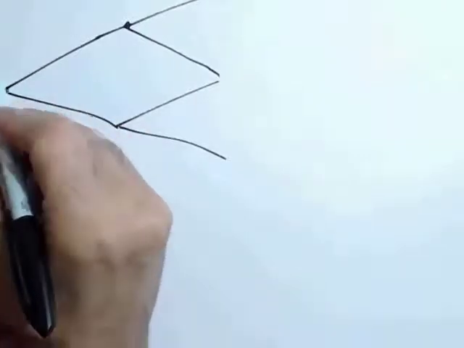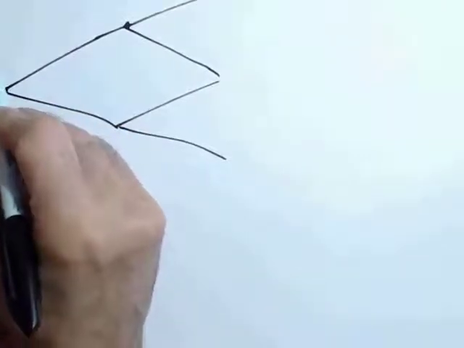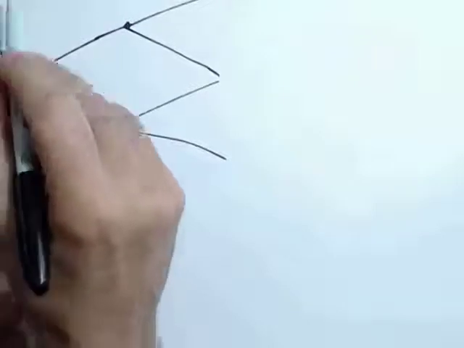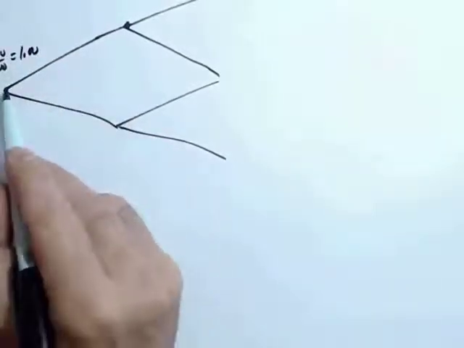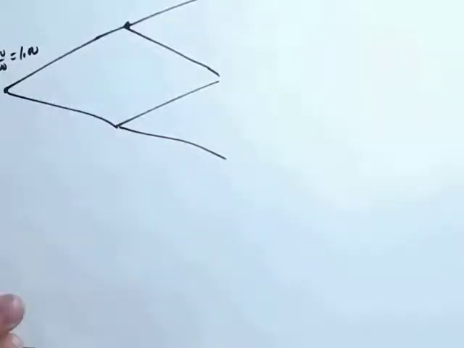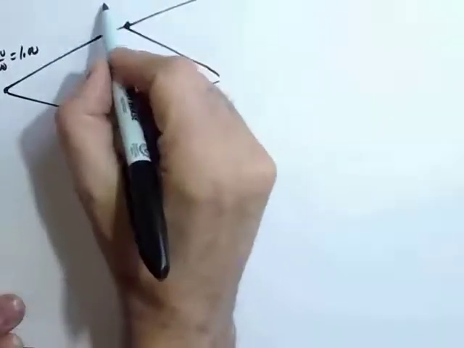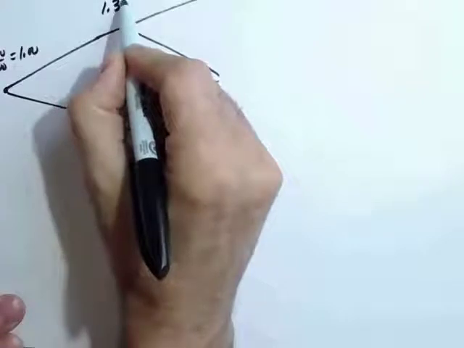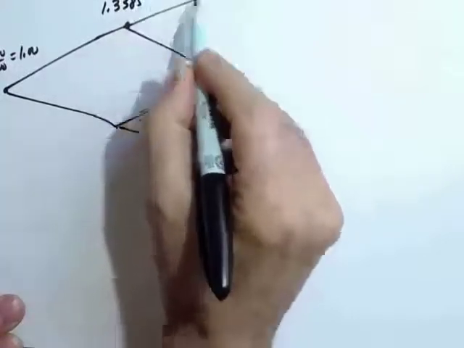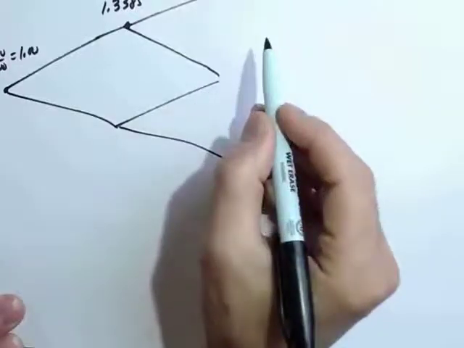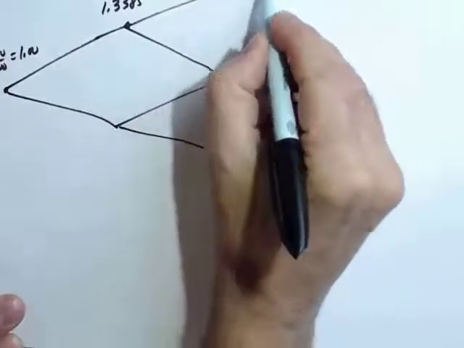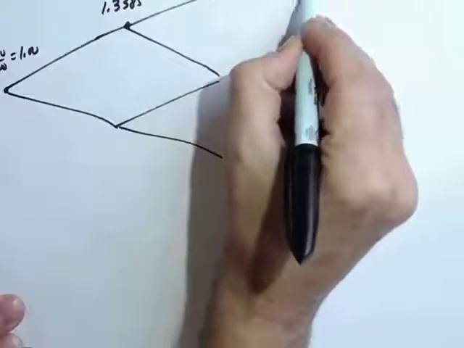Since our stock prices at the beginning of this option are 100 over 100, it starts out at 1 conveniently, and we multiply that by U, so this goes to 1.3385, and then multiply by U again, and this will be 1.7915.